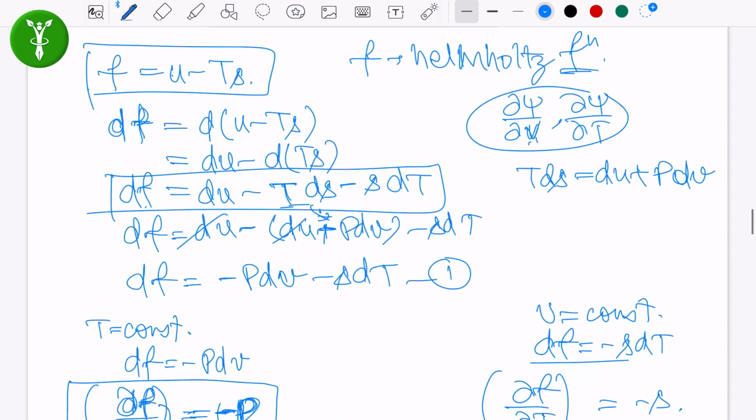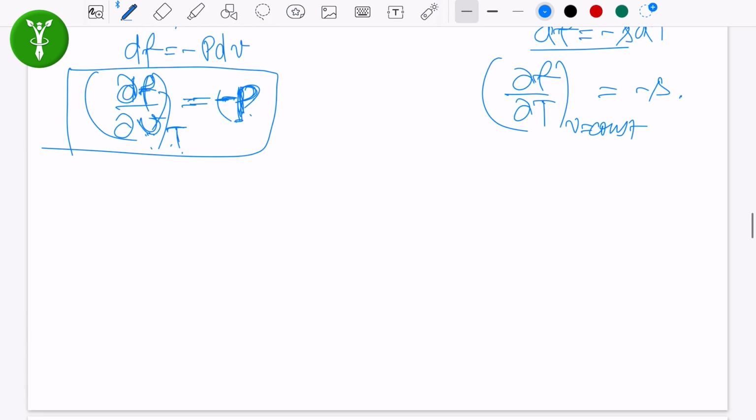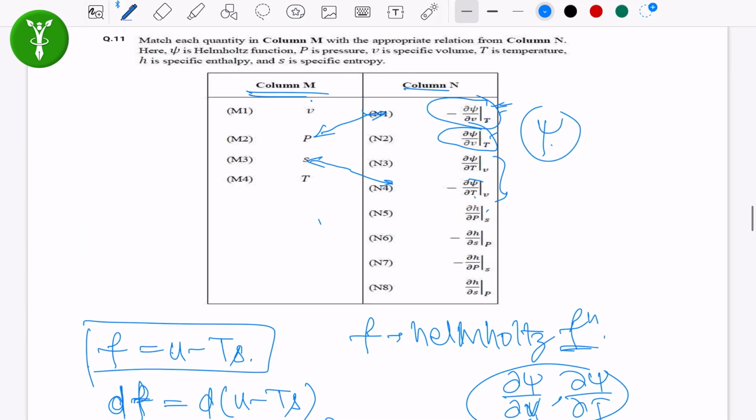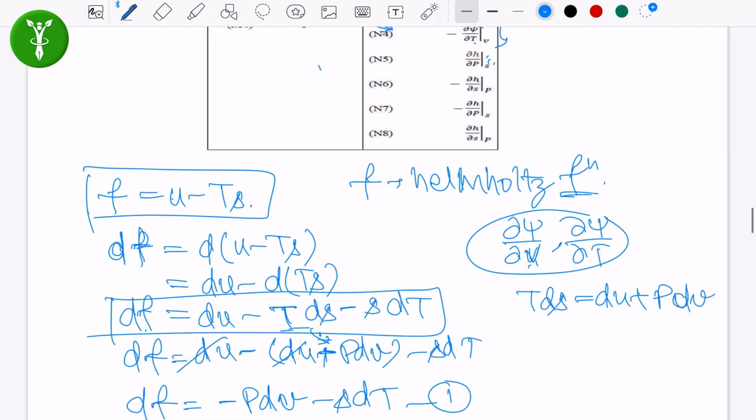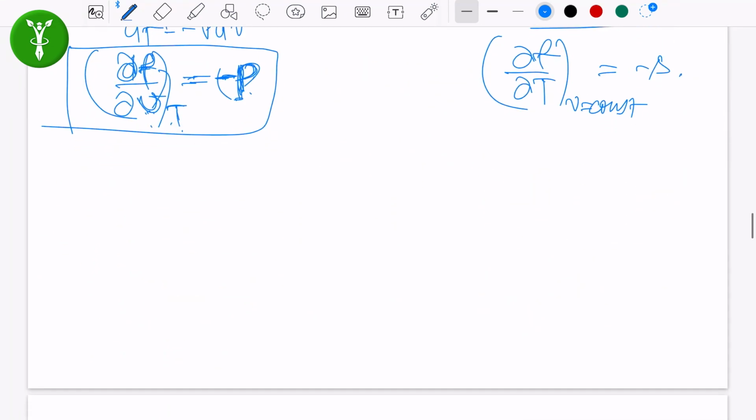Okay, now the next things. Next is about enthalpy and pressure, something related to enthalpy. So we should get some relation for enthalpy also. If I use this relation, TdS is equal to dU plus PdV, but enthalpy is not there.